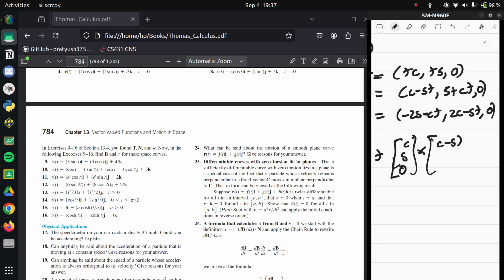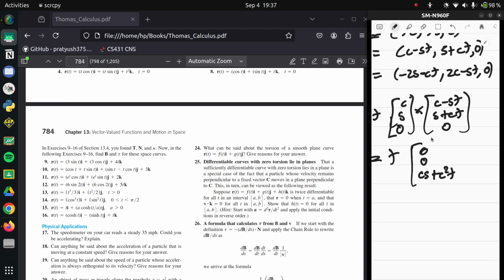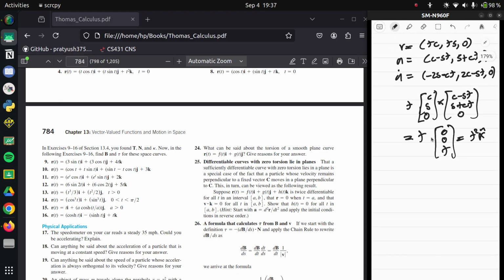So it's cosine minus sine t, sine plus cosine t, 0, which is like t, and then you subtract that, so it's minus sine cosine plus sine squared t, so it's just t basically. Okay, cool, so you got that. So what's the magnitude of v cross a? That's just equal to t squared.